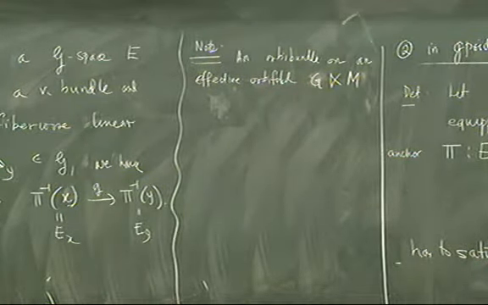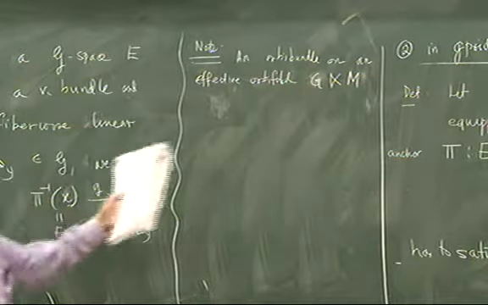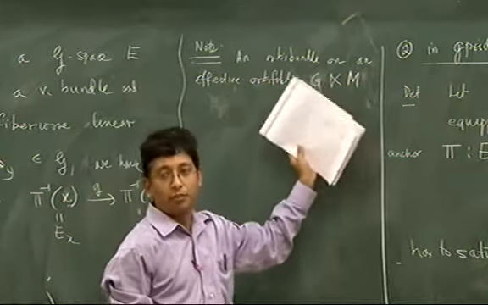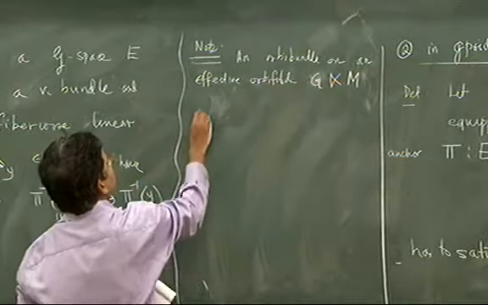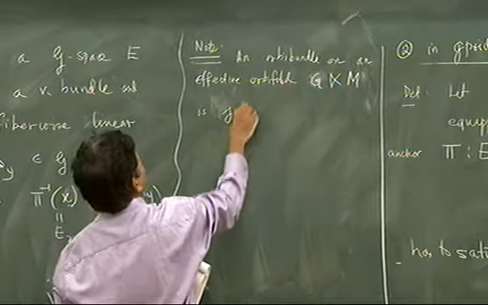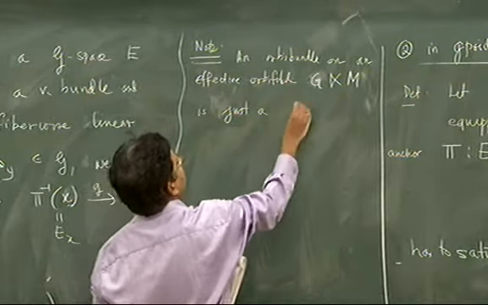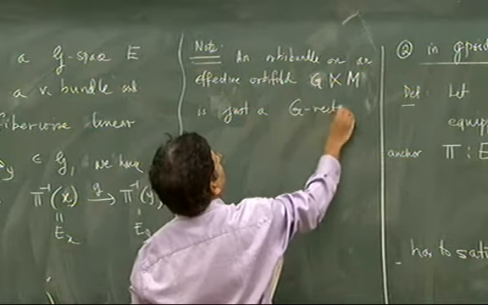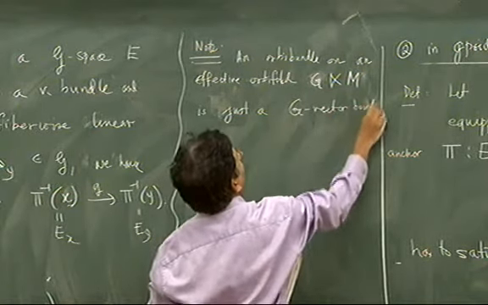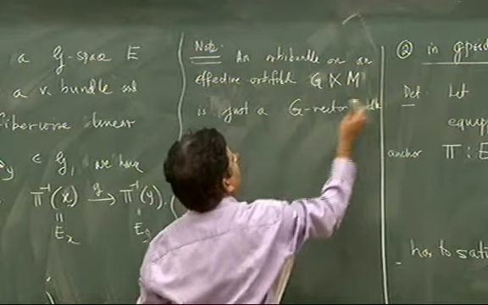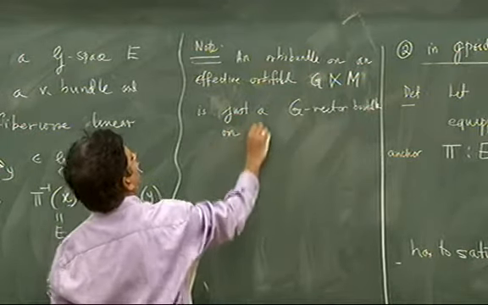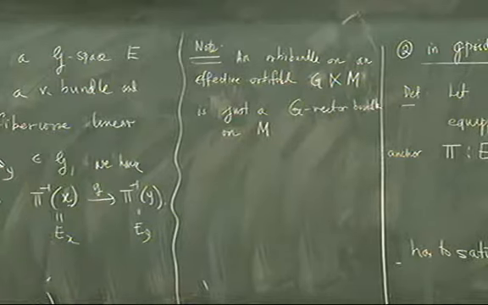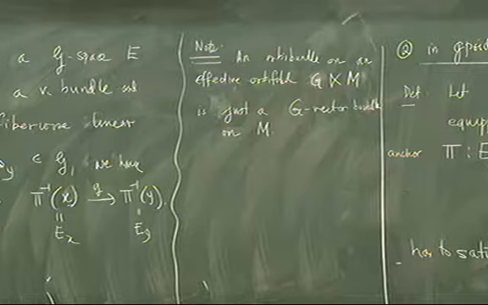Right? So an effective orbifold you can write as a Lie group G acting on M, and this is just a G vector bundle on M. Okay? And so this pretty much tells you how to define K-theory.